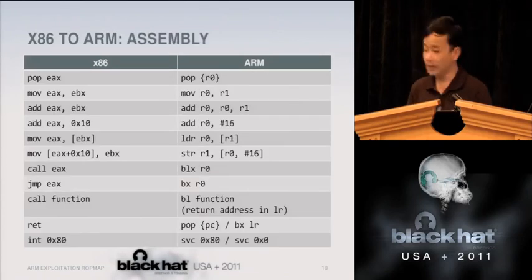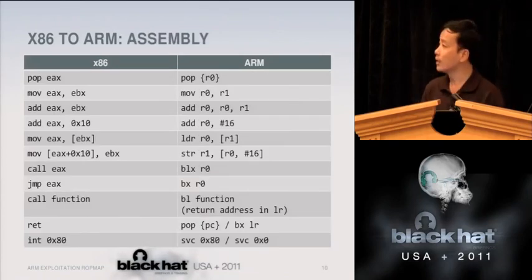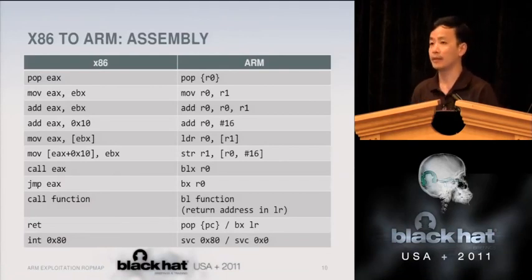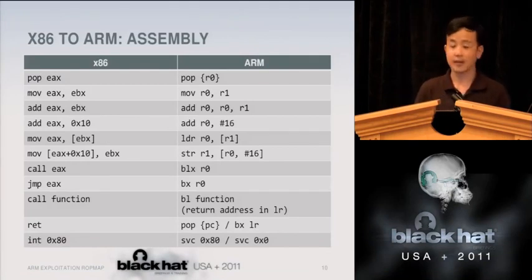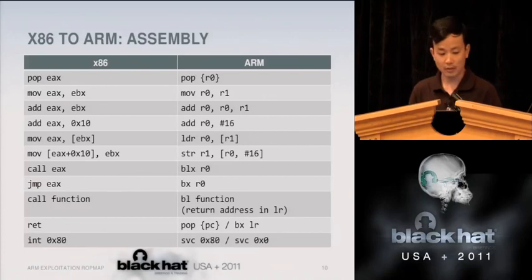About the assembly, we just show here some commonly used assembly instructions on x86 and their equivalents in ARM architecture. Most of the instructions here are used in exploit writing, so we just show the common ones.